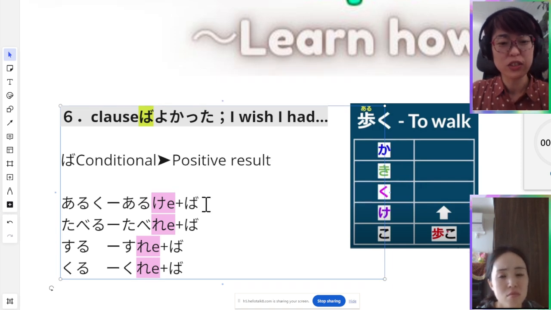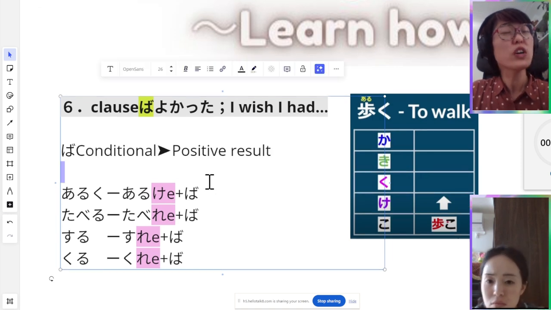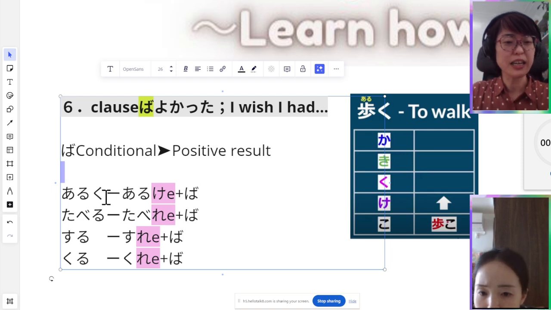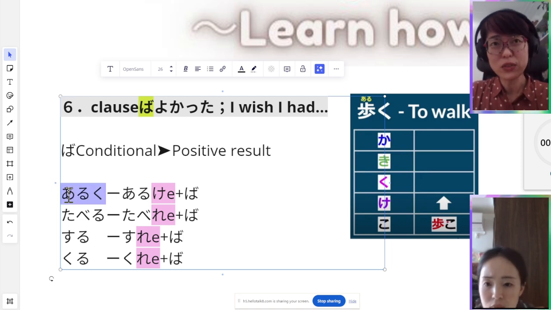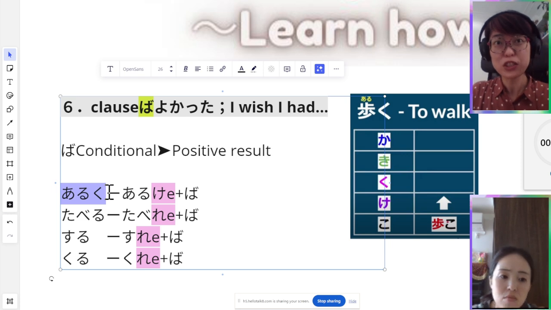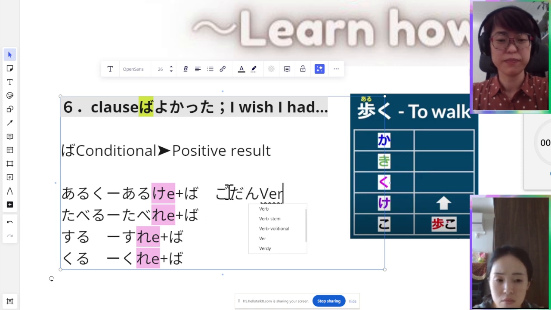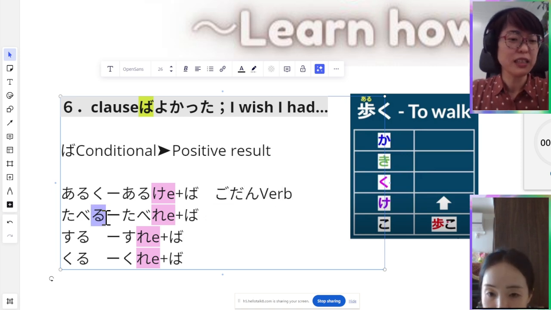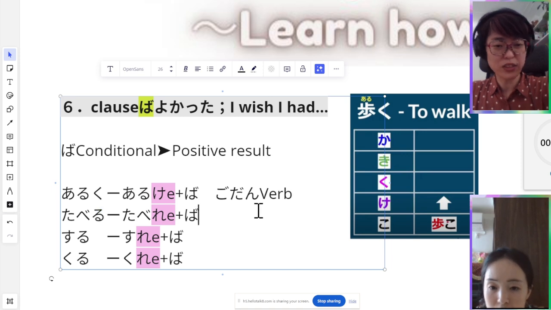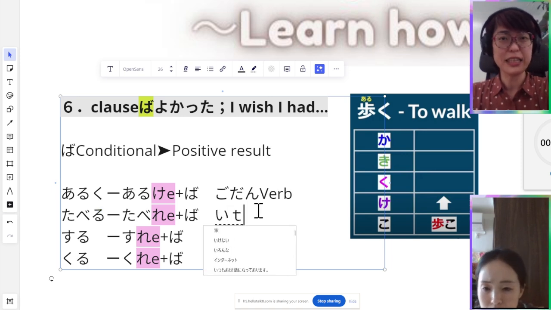Okay, Ashish-san's question, let's review. What is a verb group? Here, 歩く doesn't end with ru, first of all, it's ku, right? So in a lot of cases we call this a godan verb. On the other hand, with ru, in a lot of cases it is an ichidan verb.